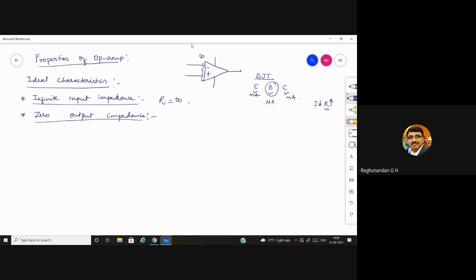So there is no opposition for the current to flow to the output. See, the output voltage of an ideal op amp is not dependent upon the current drawn from it. So here obviously we say R is equal to 0.